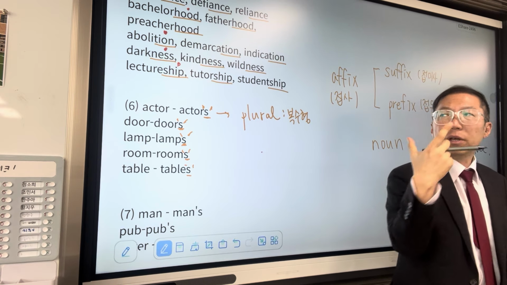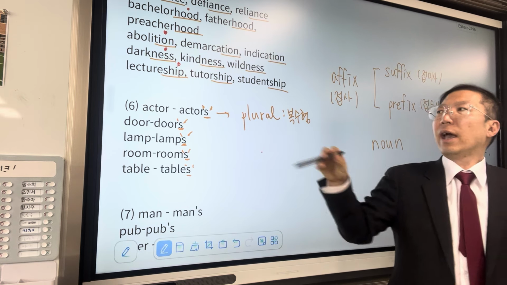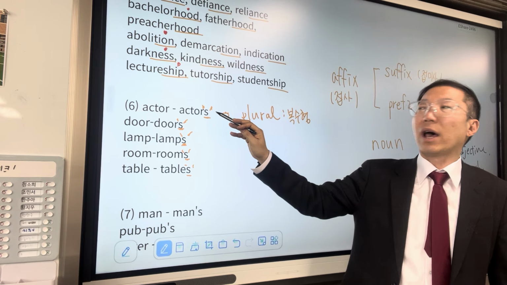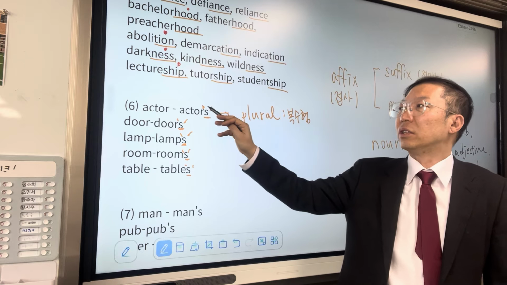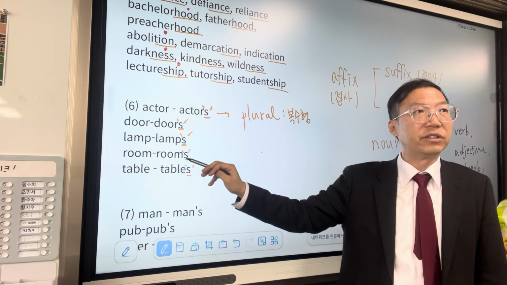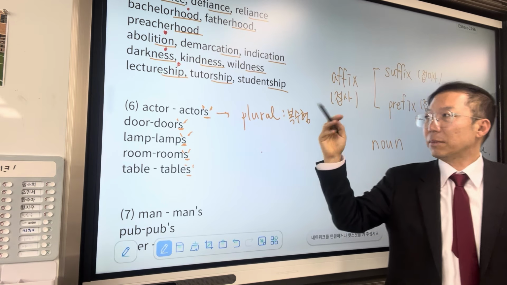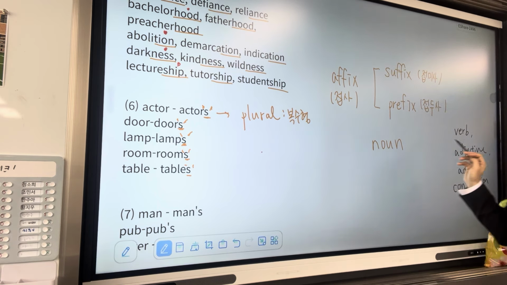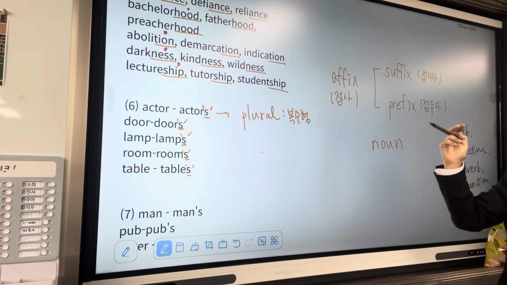So when we look at the vocabulary, and that word has S to symbolize the plural form, we can recognize that these are also noun classes. Not the verb, not the adjective. They don't have an S ending to symbolize the plural form.